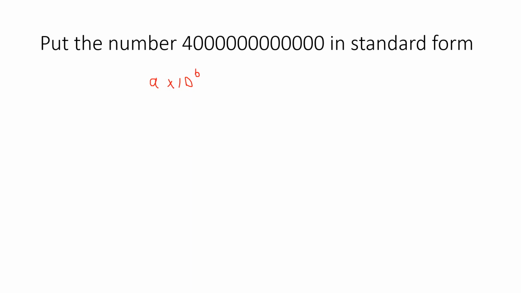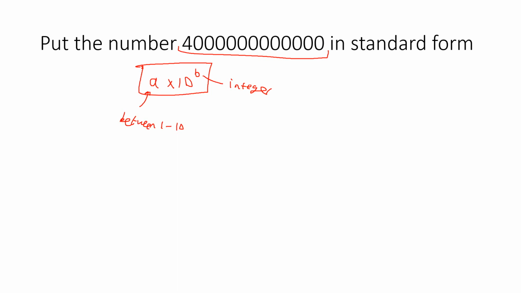And it's just a nice way of writing it rather than writing out all of this. But there are some rules that we have to make. First things first is a is between 1 and 10. And b has to be an integer. That's it. So now let's look at what we have here.